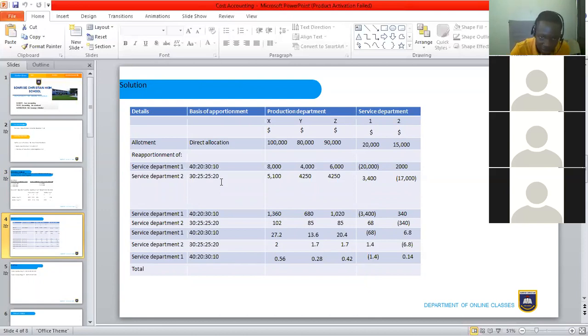So I would like someone to do that calculation and give us our answer. 30 over 100 times 17,000. What are we getting?